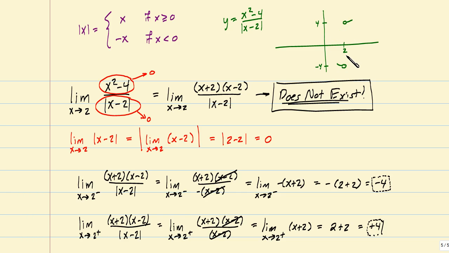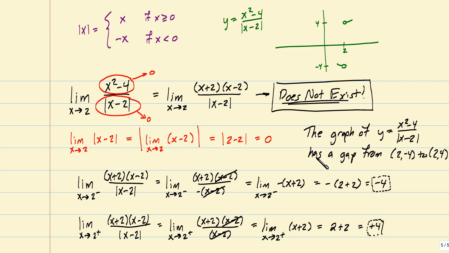And of course, at 2, it's undefined. But you can see how the function's moseying along here, and then it gets to here, and all of a sudden it jumps up to here and then continues on its way. There is a giant gap right here.